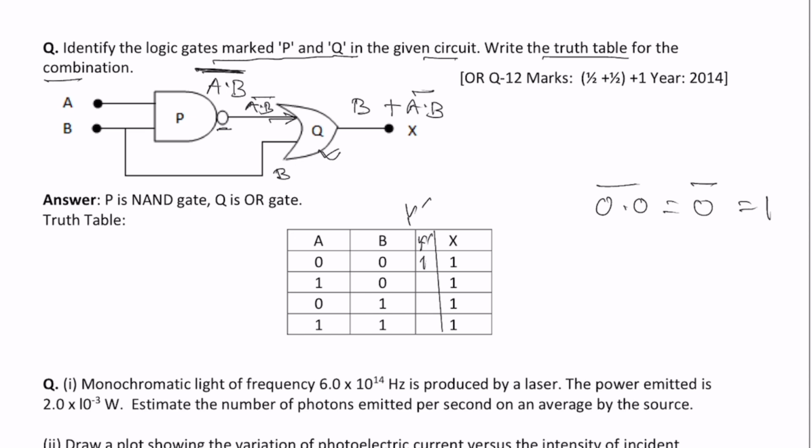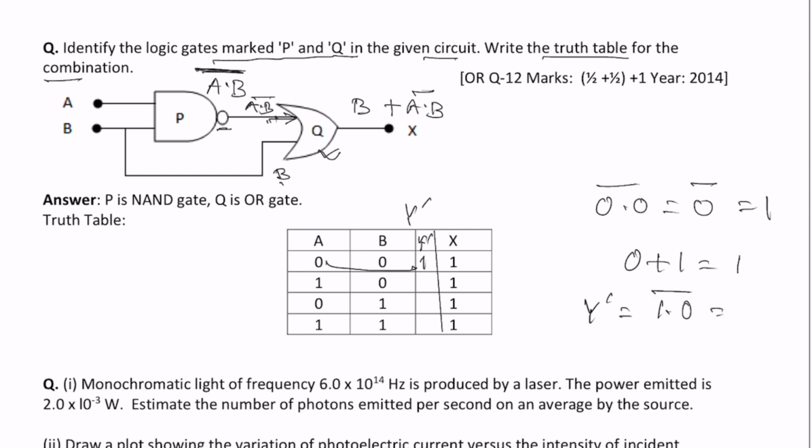Now this is 1 and this is 0. It adds up. So now if 0 and 1 get added, 0 plus 1, the output is 1. Now for the second combination, 1 into 0, what will be the Y dash? Y dash is 1 into 0 multiplied by not. 1 into 0 is 0.